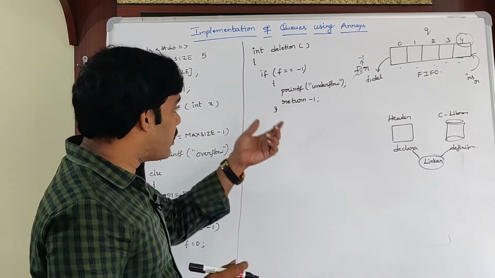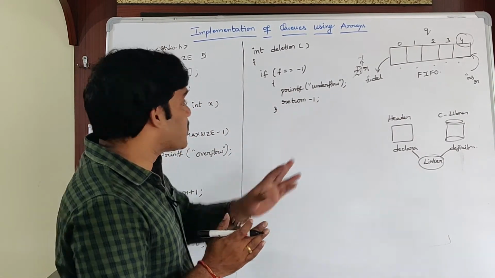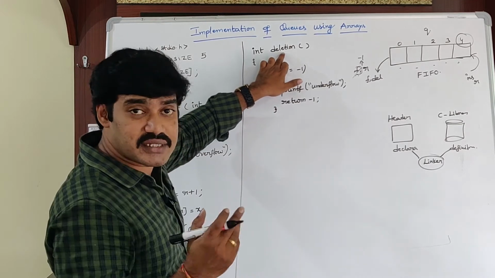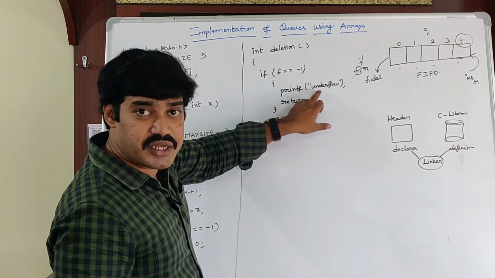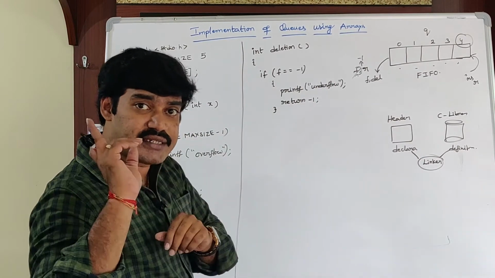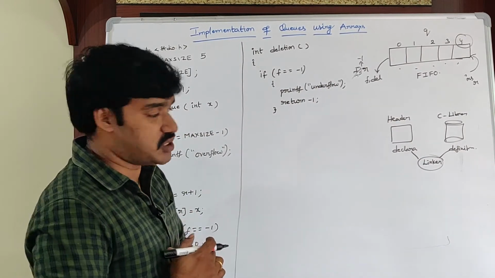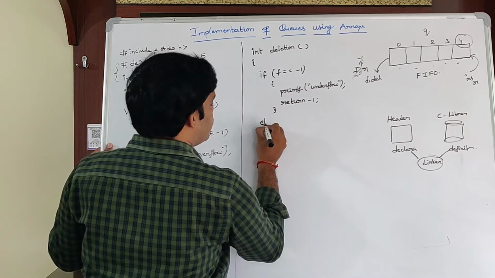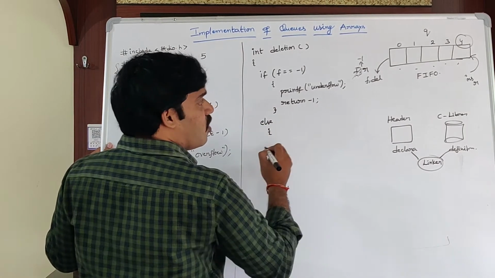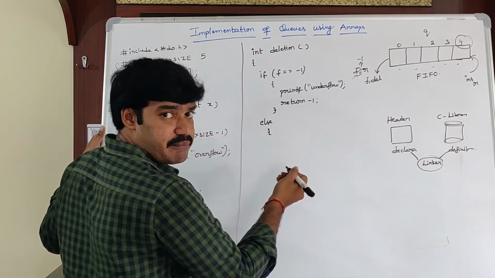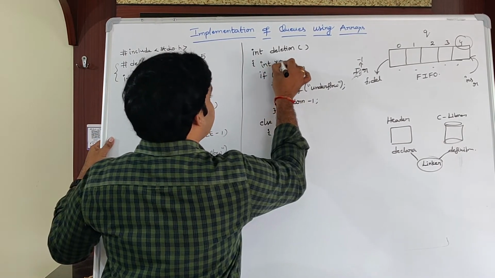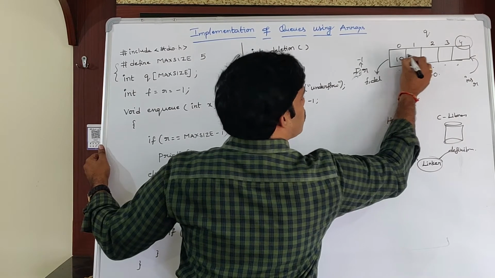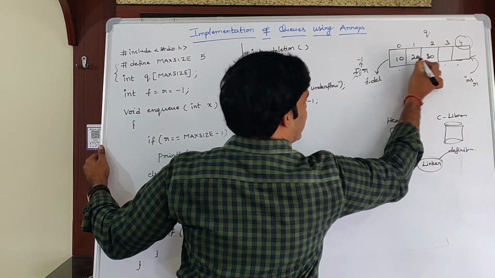Why am I returning -1? Coming to the main function, this deletion function in general returns the deleted element. If the Q data structure is empty, then it returns -1. That indicates Q is empty in the main function. Else block. If Q is not empty, then move the first element to a temporary variable. For that purpose, declare int y. Assume that this is your Q data structure: 10, 20, 30.